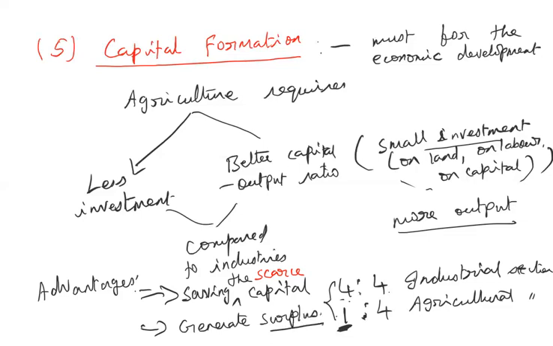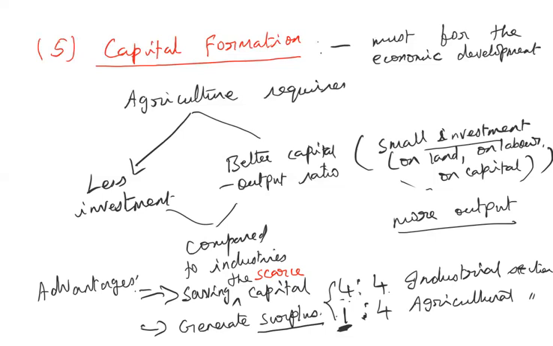Now this surplus generated from the agricultural sector will lead to more and more amount of capital formation in the country, and that capital formation can be utilized for the development of industries in the country. So that is the advantage of having the capital formation in the agricultural sector. On the one hand, it requires lesser capital.